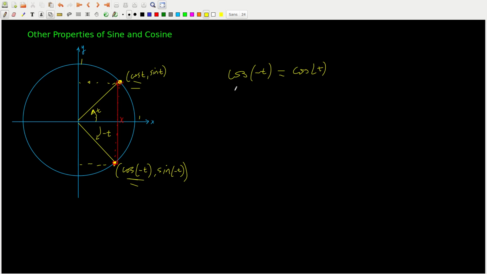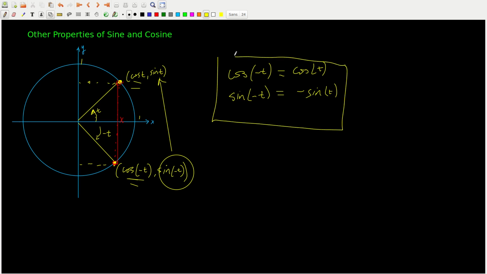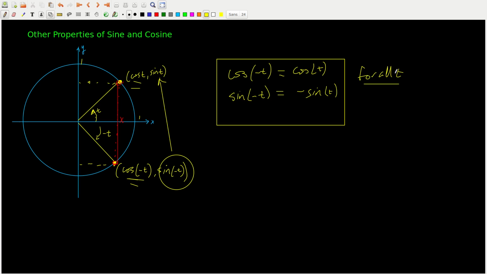The y value, in other words, of sine of minus t, that's the y value at the bottom, if I compare it to that y value, I find, well, they've just got opposite signs. So sine of minus t is equal to the negative of sine of t. And so this is an important property of sine and cosine for all values of t. If you think back to what we know about even and odd functions, we look at sine, anything that behaves like this is odd. So sine is an odd function and cosine is an even function.